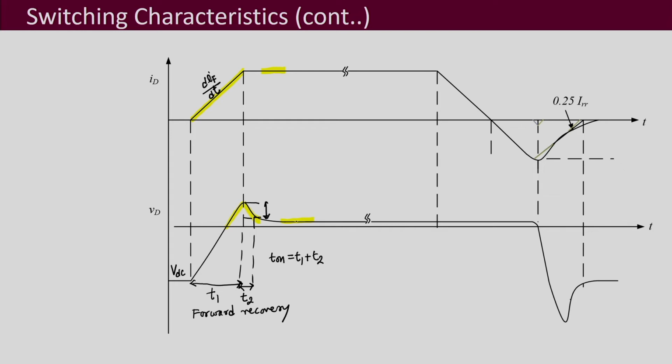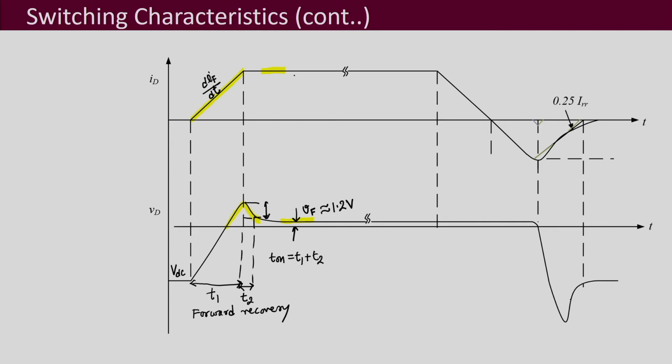Then the diode is on, and it has this on state voltage drop or forward voltage drop, which we can write as Vf, and it is typically about 1.2 volt for many of the power diodes. Not necessarily all of them will have 1.2 volt, some of them may change, but many of them have this.